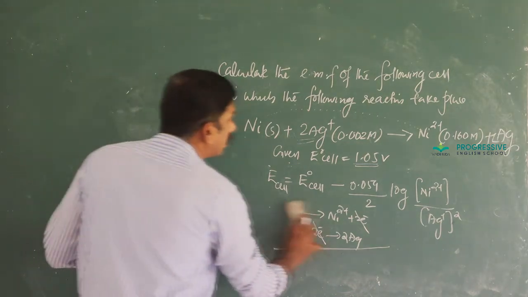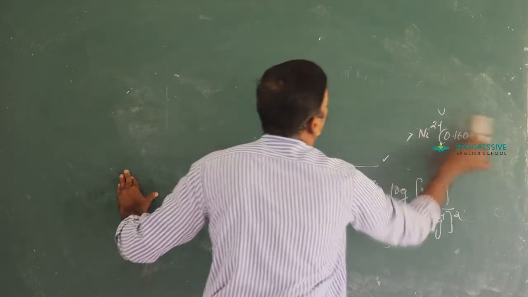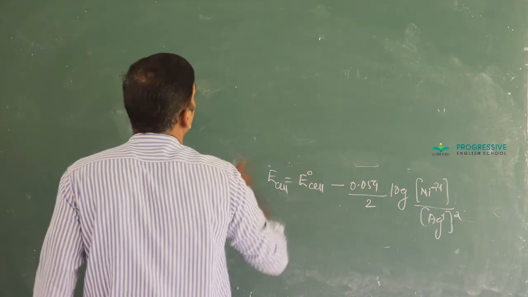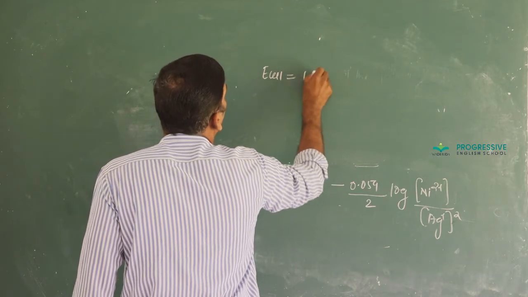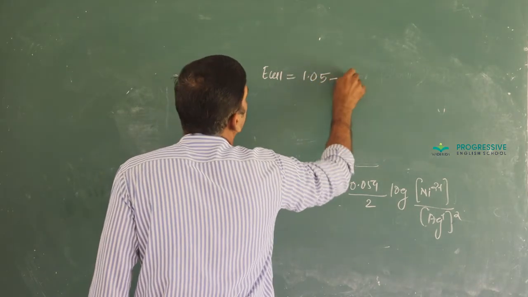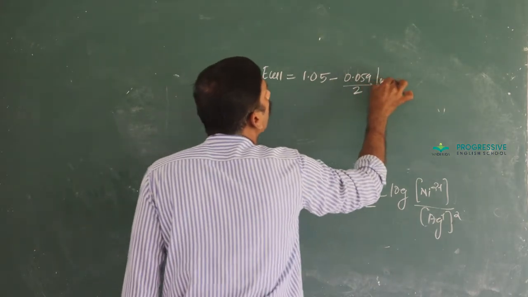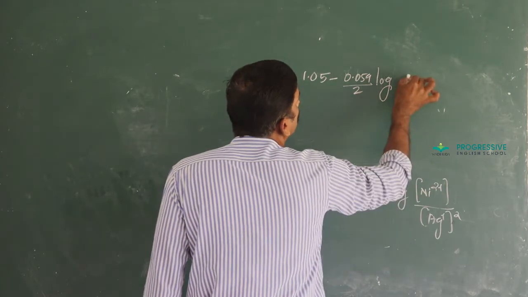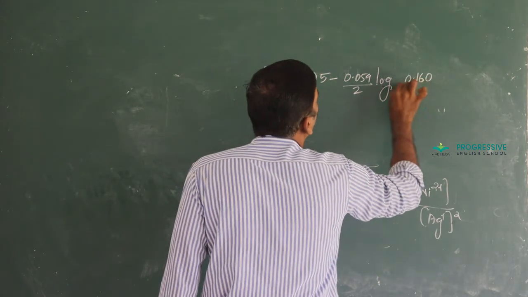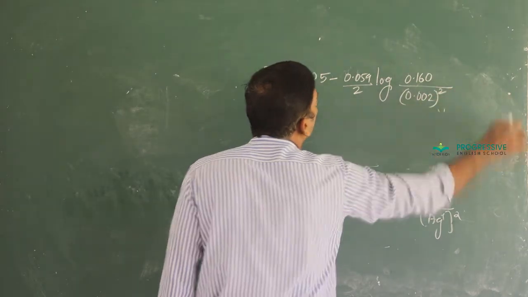And substitute all these values in the given equation. Here E cell equals 1.05 minus 0.059 by 2 log, where the Ni2 plus molar concentration is 0.160, divided by 0.002 squared.